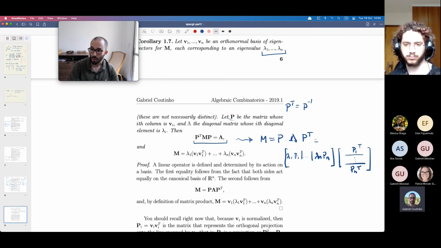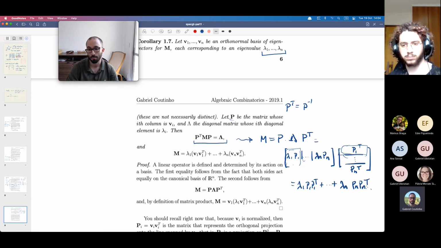And now I simply realize that this multiplication is the same thing as multiplying this column by this row, plus this column by this row, and so on. See, the numbers in this column are always multiplying the numbers in this row, because it's always going to be a row times column. So this is equal to lambda 1 P1 transpose plus dot dot dot lambda n Pn transpose. Okay, so this is simply the definition of matrix product.